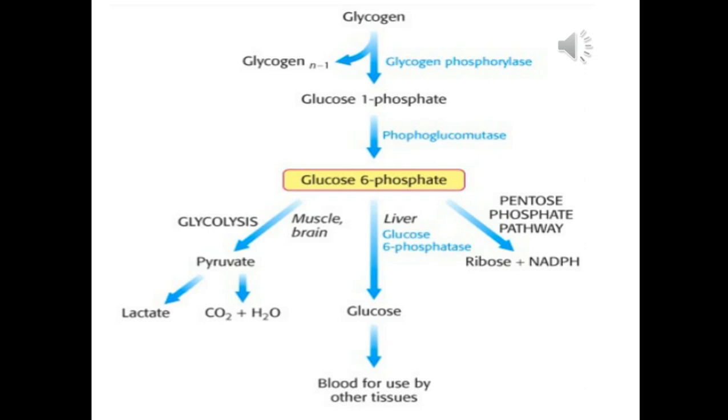This pyruvate either enters the Krebs cycle in the presence of oxygen, Krebs cycle plus electron transport chain, and leads to production of energy plus water and CO2, or by anaerobic pathway is converted to lactate by lactic dehydrogenase.